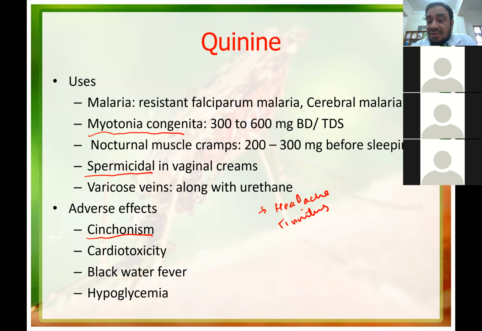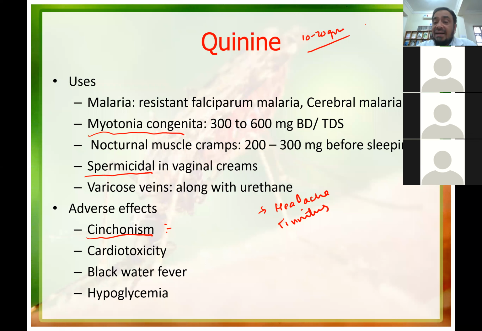He will have some visual defects, some auditory defects, and also diarrhea. So these are the symptoms of cinchonism. Cinchonism is seen in high doses. Quinine is a very toxic drug. The toxic dose of quinine is 10 to 20 grams. If you give 10 to 20 grams of quinine, the patient may die.